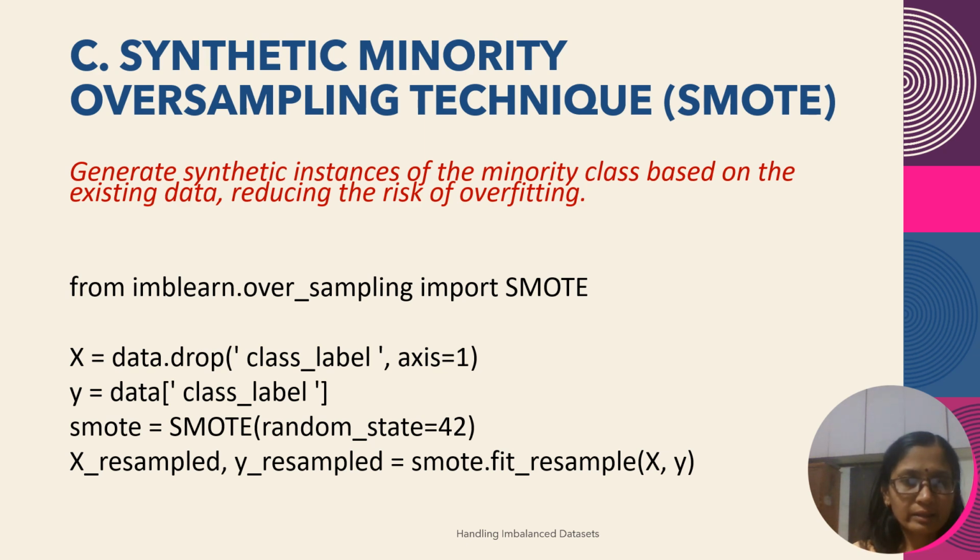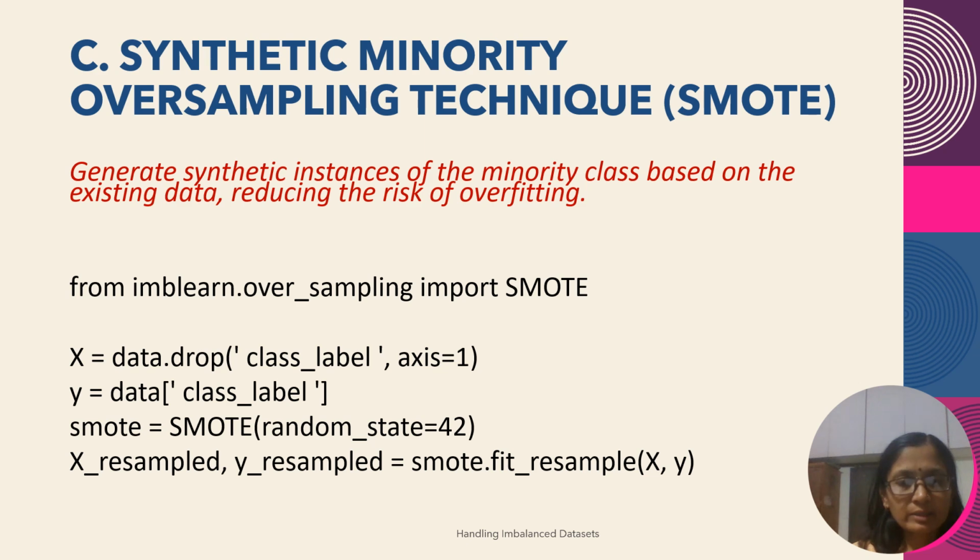So under imbalanced-learn, that is imblearn.over_sampling, we have SMOTE, import SMOTE, and you can create a variable of SMOTE with random state equal to 42, and you just pass to SMOTE what you want to resample. The first parameter is all the feature columns, and the second parameter is the column with class labels.